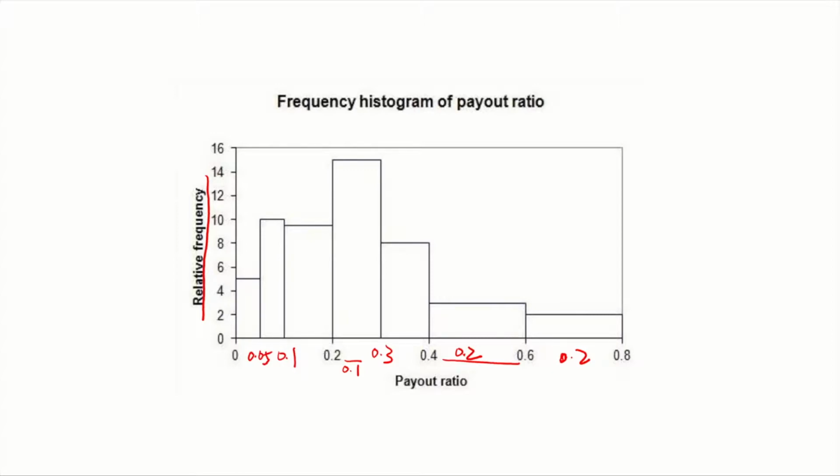And then y also varies: 5, 10, 9.5, which is 19 divided by 2, 15, 8, 3, and 2. And then we get the frequency histogram of the payout ratio.